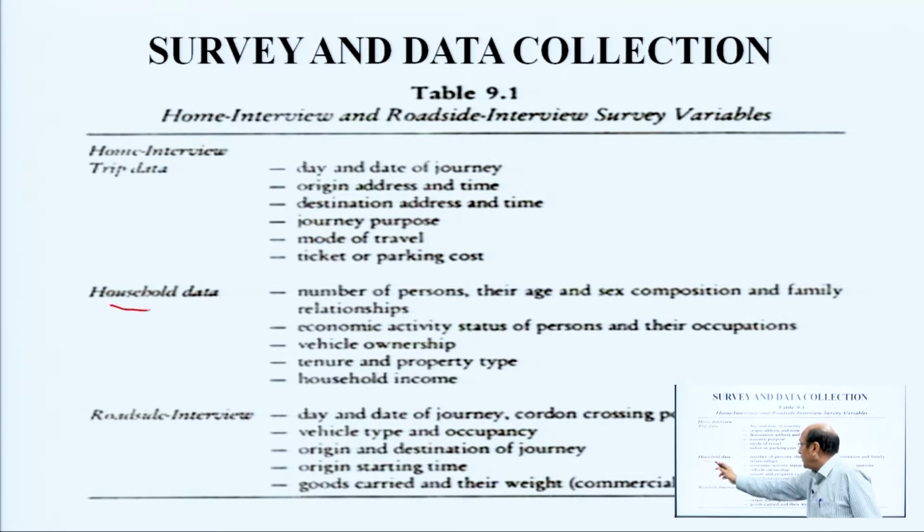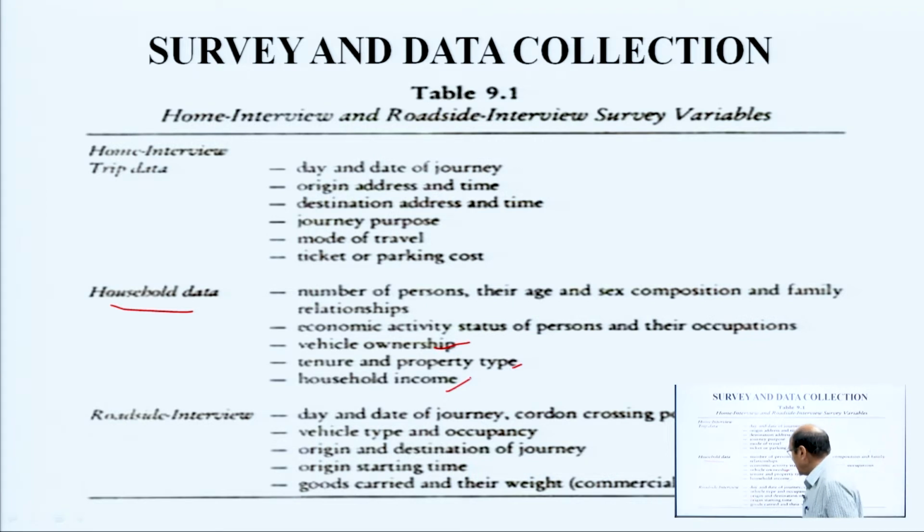Now, household data: number of persons, their age, sex, composition and the family relationship; economic activity status of the person and their occupation, vehicle ownership, tenure and the property type, household income.